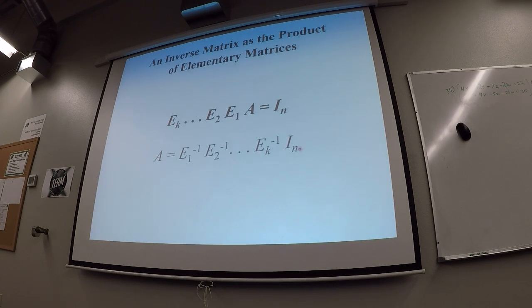What is anything times the identity matrix? Itself. So A times the identity is just going to be A. A times B times the identity matrix is A times B. So in this equation, do I need to have the identity matrix at the end? No, because it's just equal to all of that.